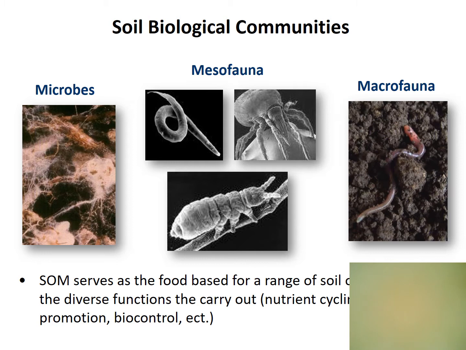Also, these critters are the ones going through and chewing up the microbes and keeping that organic matter cycling and keeping the microbial biomass cycling, which then will release stuff for plants. So organic matter is really serving as the basis for all of these communities. And the more you have, generally the more you have of all of these things.